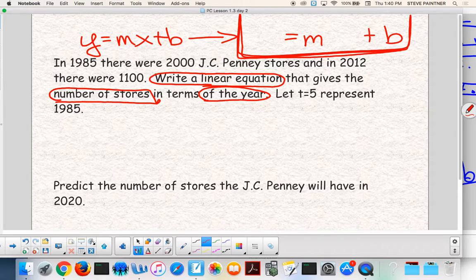So when you replace y, you'll replace it with what? What was the first thing they said? So go like this. Number of stores equals mx plus b. Well, what's your x now? In terms of years. Now, what would you put for years?